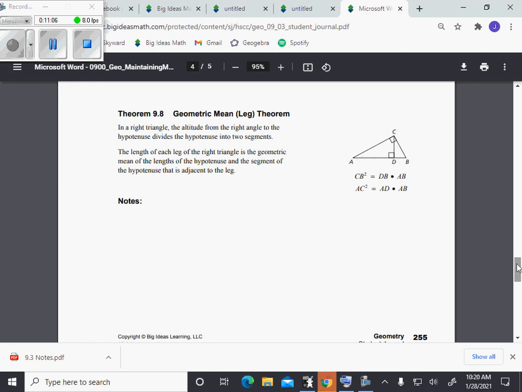AC squared, so it's that long leg of the right triangle, equals AD times AB. Okay, so if we want to find a leg of that big right triangle, we multiply either the big segment times the whole segment, or if we want the little leg, we multiply this little segment times the whole segment, the whole hypotenuse.